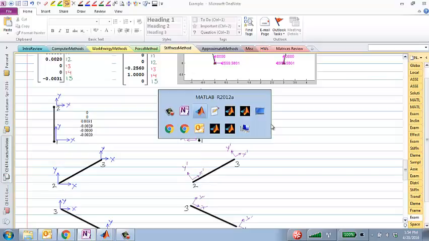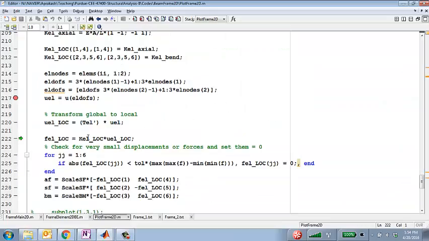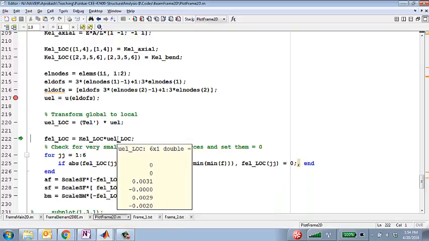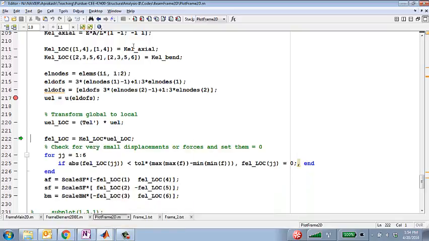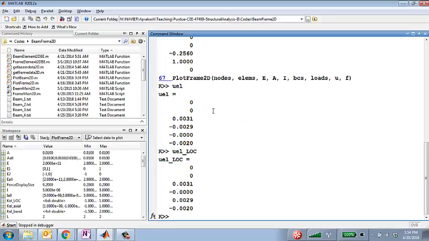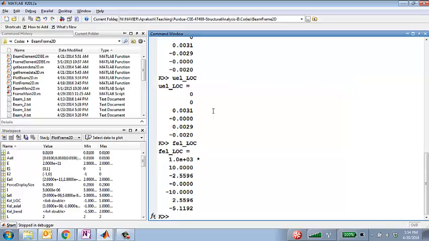And that's exactly what MATLAB code would do now. So you can see that the K local, that 6 cross 6 multiplied by U local gives me F local. So I'll do that. And I have F local, so this is the local forces and moments.